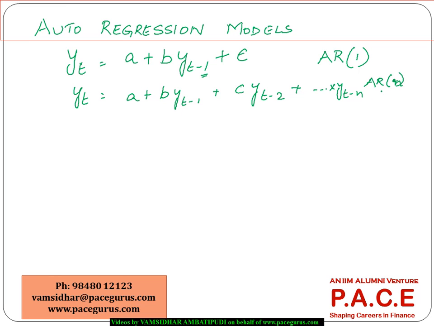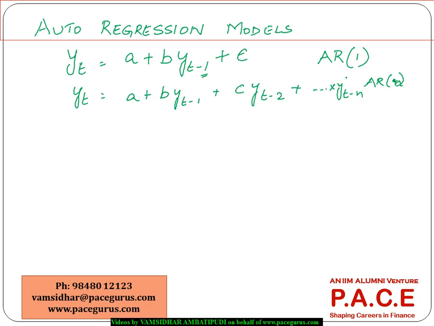It will be written something like this, meaning the current period's value is dependent on the previous n period values. That is the meaning behind this. The autoregression model of nth order means the value of the current period is dependent on the values of the previous n periods. So here we may be using a regression model to address these kinds of things.